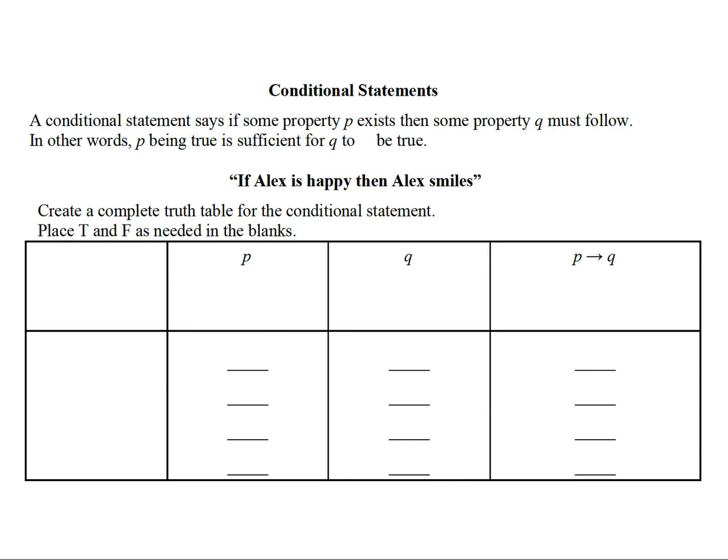And I'm just going to draw some pictures here to give us a guide of the different possibilities. First of all, I'll put the meaning of P. Alex is happy. Q stands for Alex smiles.